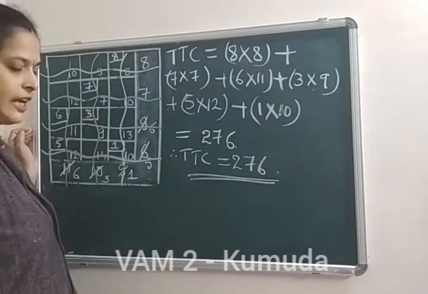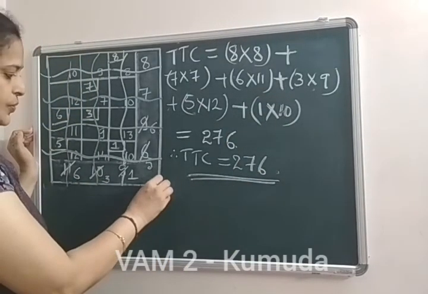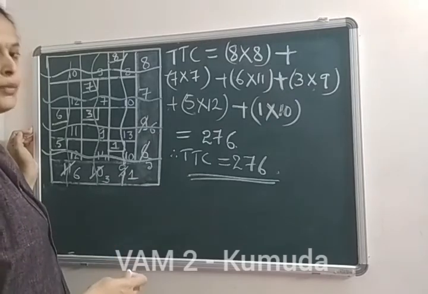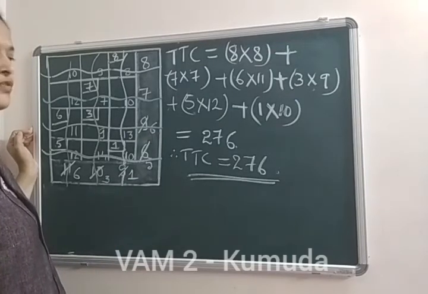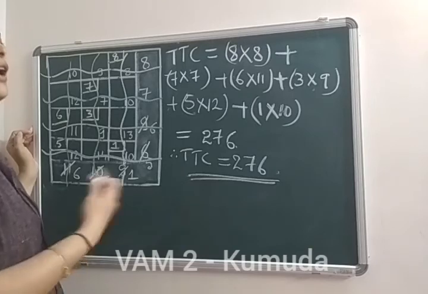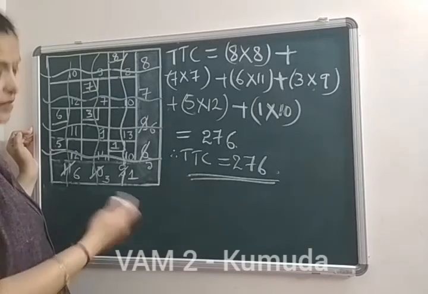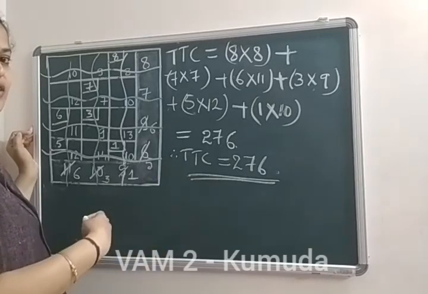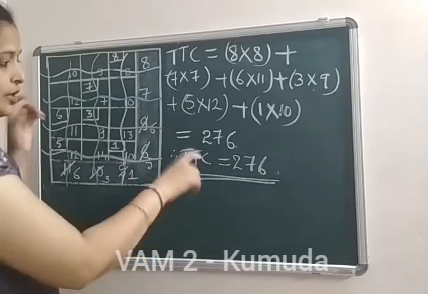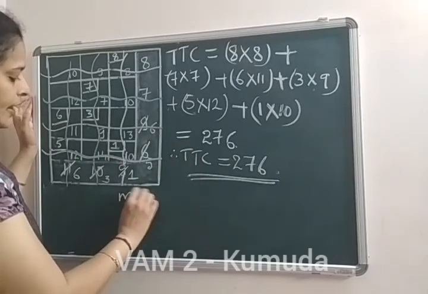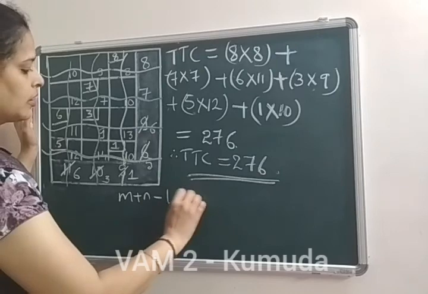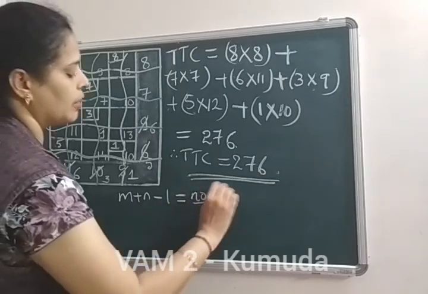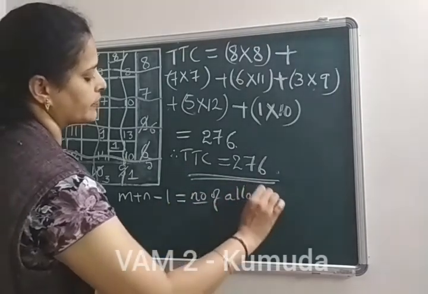And previously also I have mentioned, once we finish with the IBFS, to find an optimal solution, the basic requirement is to find whether m plus n minus 1 and the number of allocations are matching. That means just to check whether it is a degeneracy problem or a non-degenerate problem. So in this case, let us calculate m plus n minus 1. It should be equal to number of allocations.